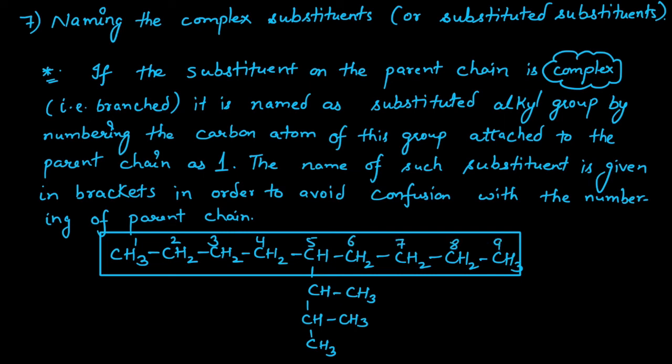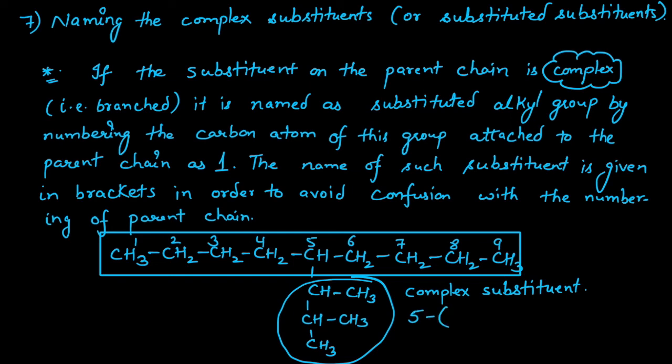So, we have a 9 carbon chain, and on the 5th carbon we can clearly see a substituent, but this substituent is basically a branched substituent. So, that is not a simple substituent, but it is a complex substituent. As our rule suggests, we have to name this complex substituent.